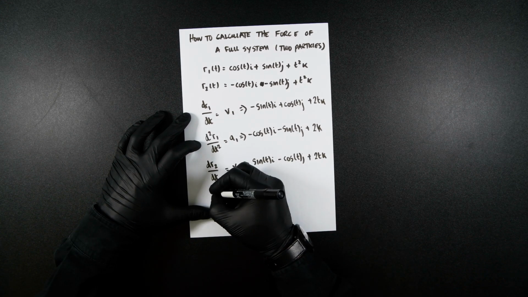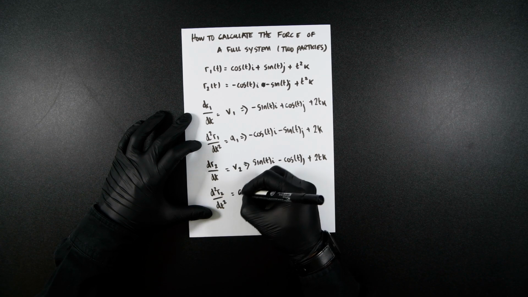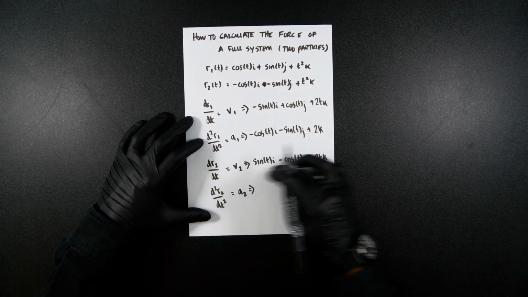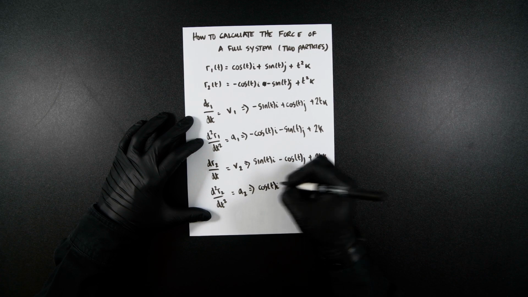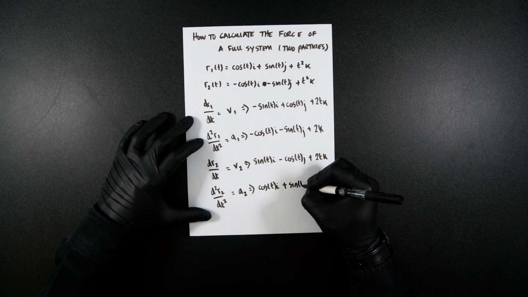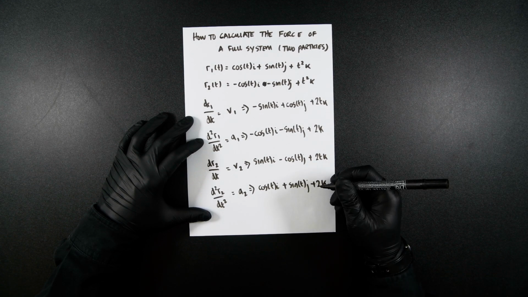And then we're going to do d squared r2 dt squared, which is going to give us the acceleration of this second particle. So we're going to differentiate that again, and we're going to get cos t i plus sin t j plus 2k.